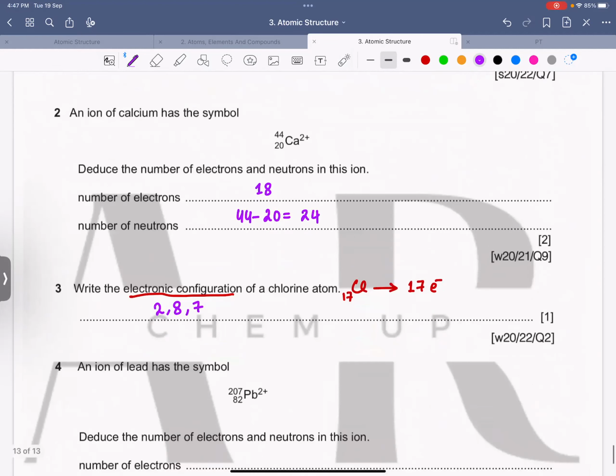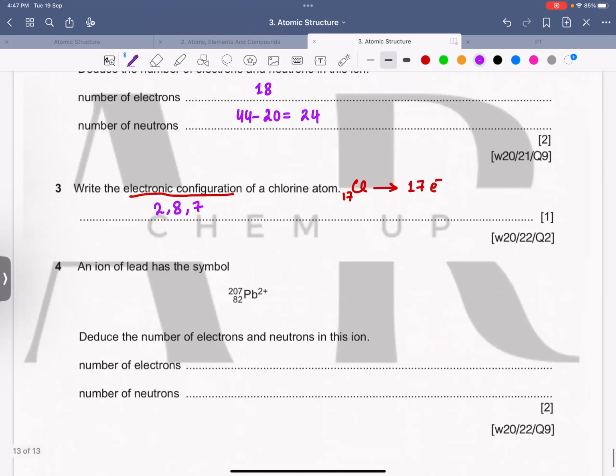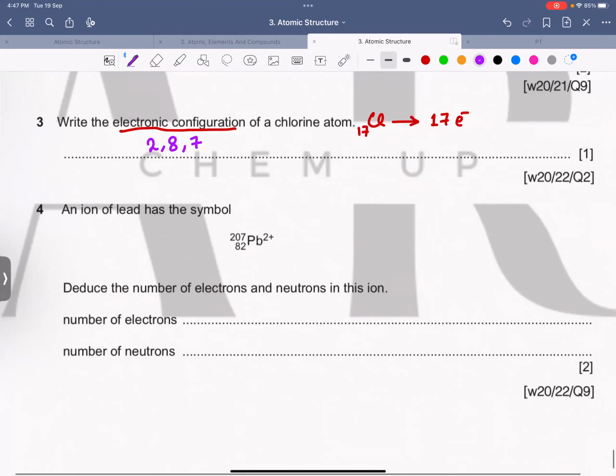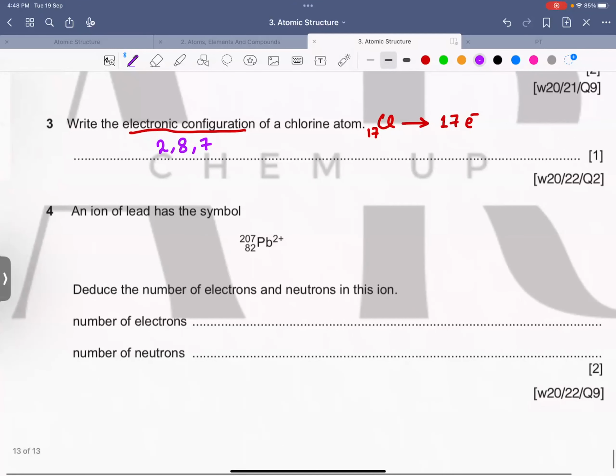Yes, sir. Okay. Now, how many electrons does this ion have? 80. Two positive charges means there are 2 electrons less than the protons. And how many protons does it have? 82. So if 2 positive charge indicates 2 electrons less, very good, Khatija, it is going to be 80.